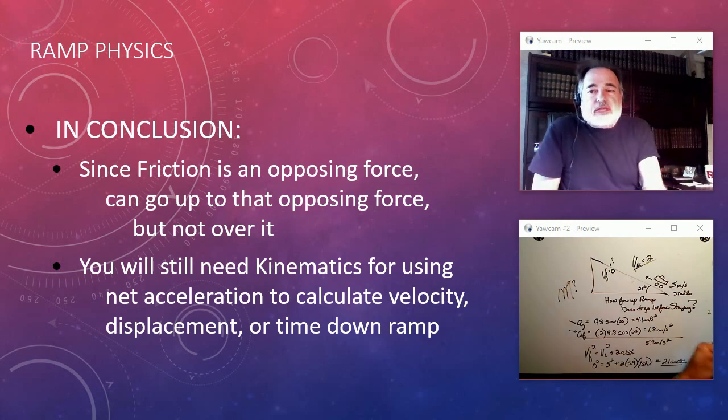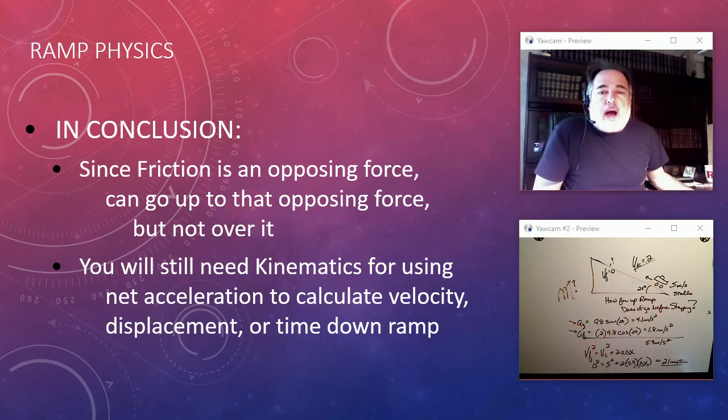That doesn't mean it's going to jet up the ramp. It will go up to that opposing force. And as you saw in these examples, you still will need to use kinematics to figure out the net acceleration, to calculate velocity, displacement, or time down the ramp.